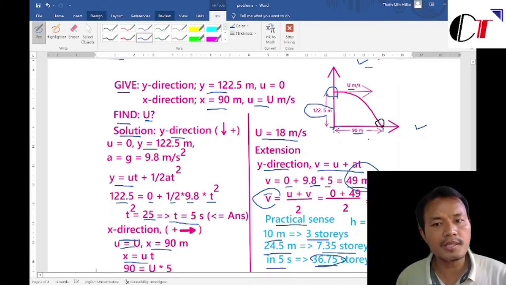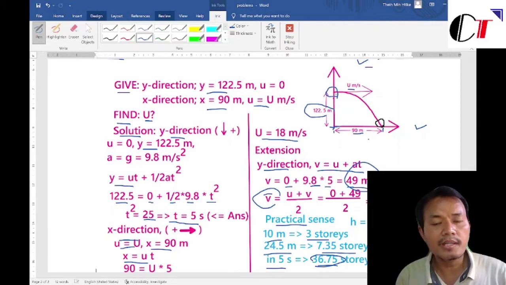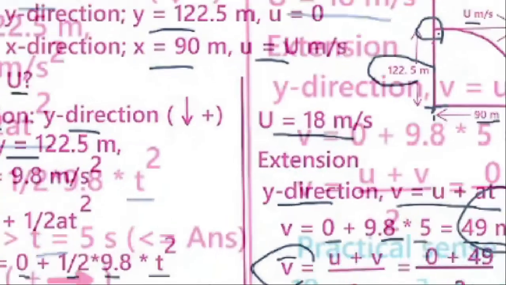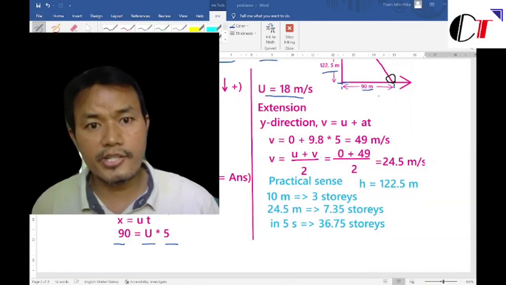Now initial speed is 18 meter per second, and as usual we're also trying to look at some other quantities which we can find based on the quantities that we know, even though they have not been asked in the problem. So let's look at the extension.